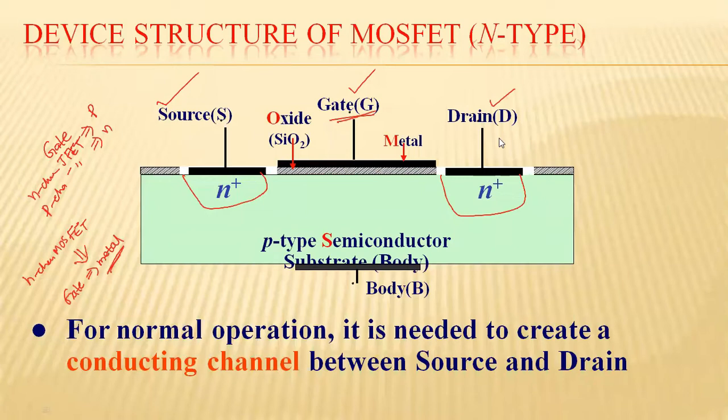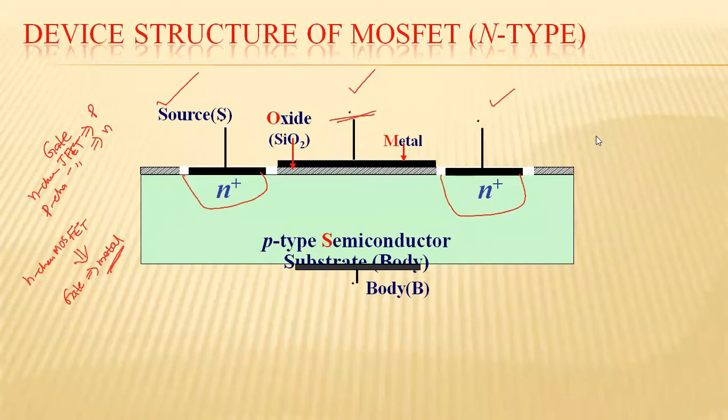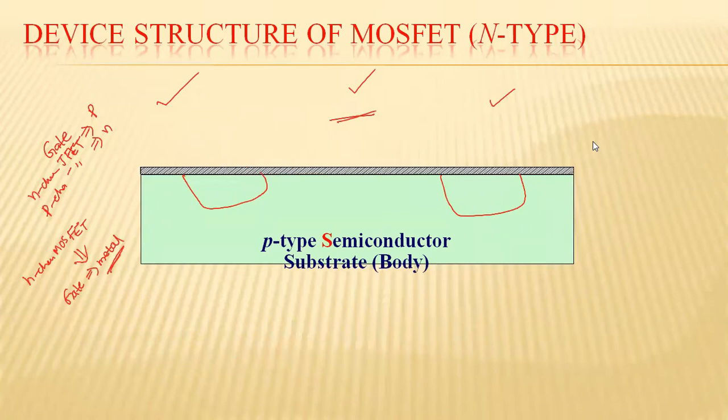Now, I hope this is clear. So in the N-type enhancement mode MOSFET, first, for N channel, a P-type substrate is taken, and then a silicon dioxide layer is grown, and wherever you require source and drain, it will be etched.